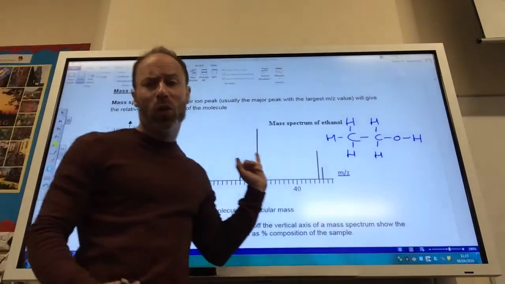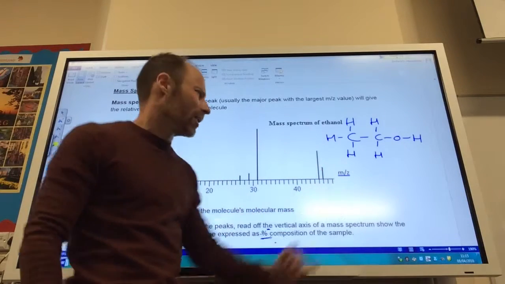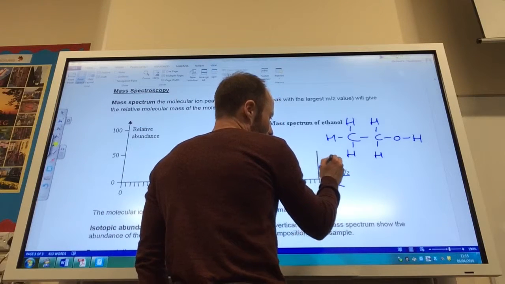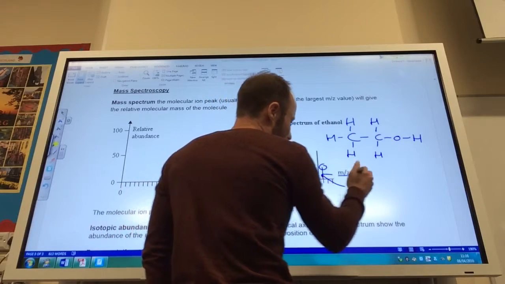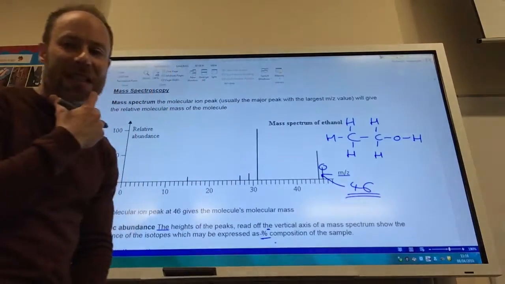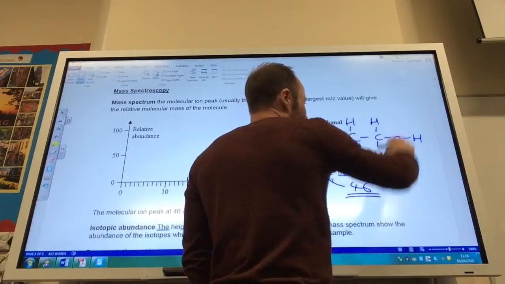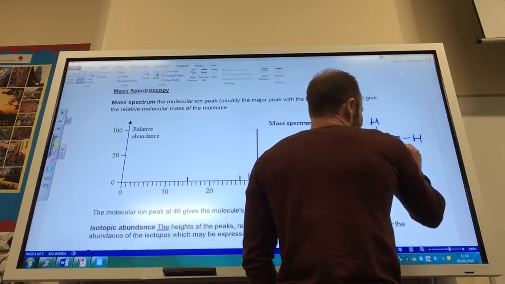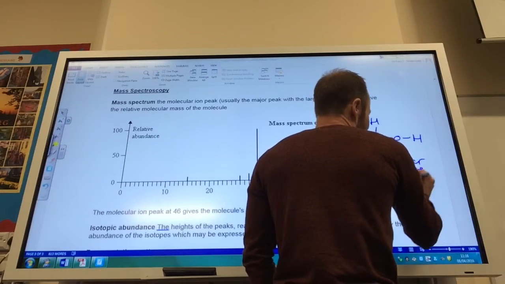The first one you always look at in a mass spectrum is the one furthest to the right-hand side. So it's going to be this one here. What is that? That's 41, 2, 3, 4, 5, 6. That has an m/z value of 46. If you add up all the relative atomic masses of your atoms, ethanol has a molar mass of 46.